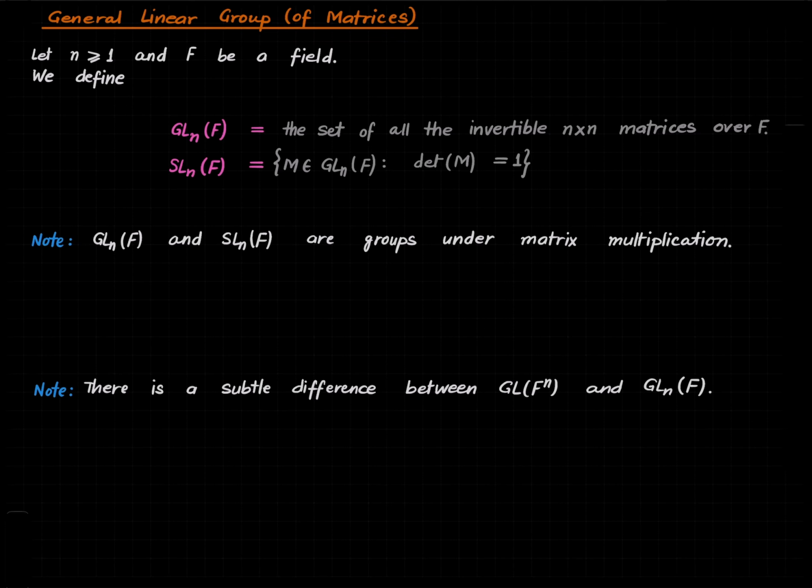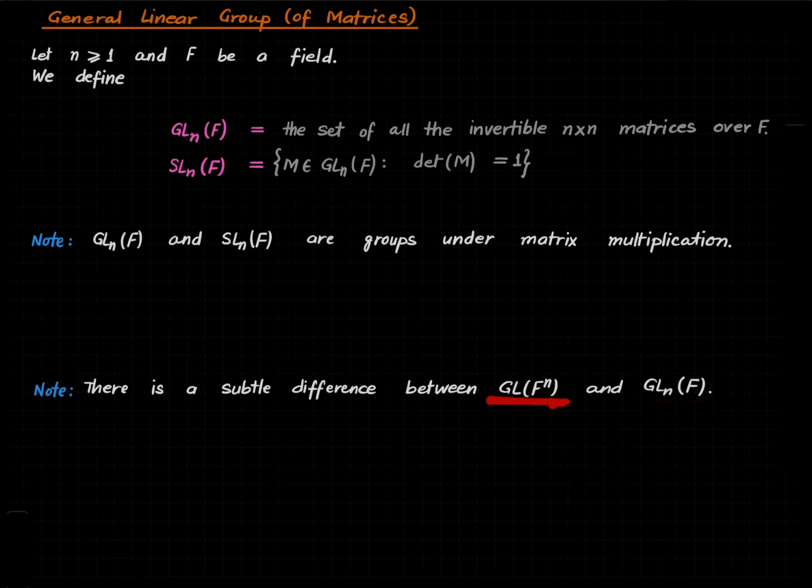So GL of a vector space was the set of all the linear endomorphisms which were invertible under composition. This time, this n is in the subscript, and F is the sort of the input to this particular prefix. And this time, this is the set of all the n cross n invertible matrices.